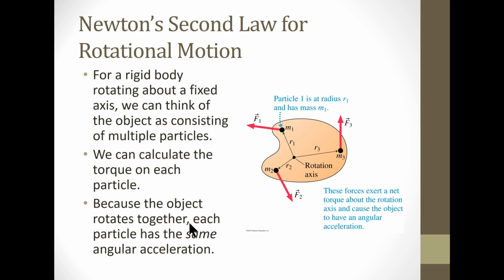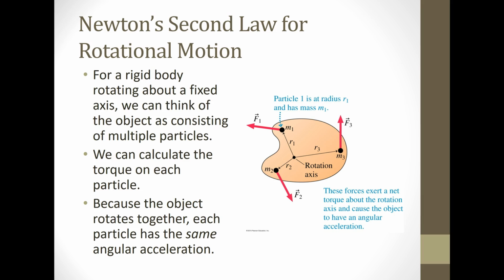All right. Now we can start talking about the fact that this law, we are going to more formalize it into Newton's second law for rotational motion. It does apply. So we can apply individual forces on a mass at different points on an object, and we can find the torque that is being exhibited on each particle in a non-uniform mass, or even a uniform mass, about its rotational object.